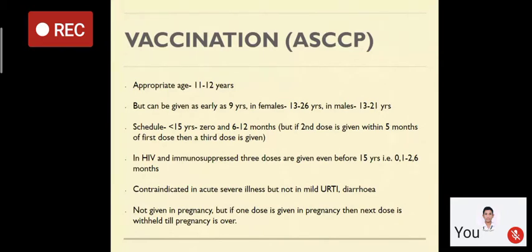And in all sexually not active females, preferably between 11 to 12 years. Why in the pre-pubertal age group? Because there are cervical changes going on.